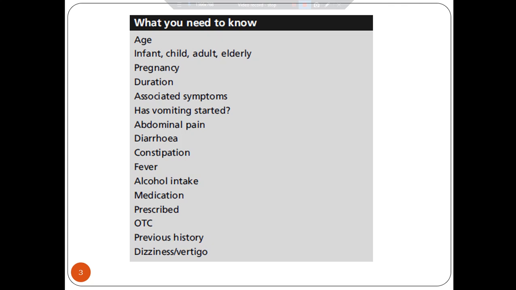You should also ask the patient about alcohol intake and medication the patient is already taking, whether prescribed or OTC medication. You should also know the previous history, and whether there is any dizziness or vertigo, because this can also be associated with nausea and vomiting.